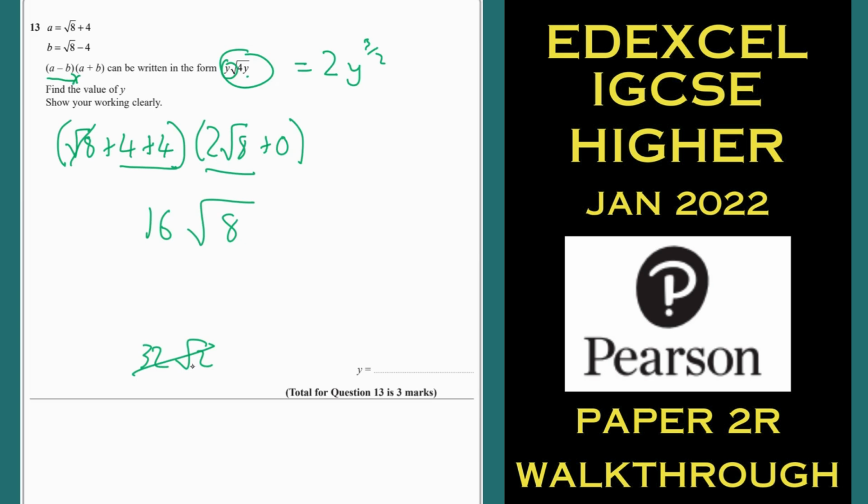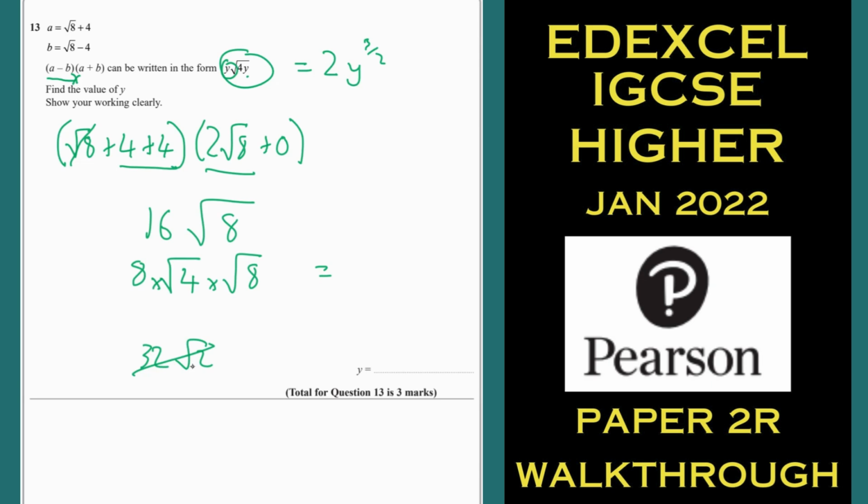Where is that elsewhere? Little clever bit. Another way of writing 16 is 8 times 2. But I'm going to write the 2 in a stupid way. I'm writing the number 2 as the square root of 4. Why does that help?